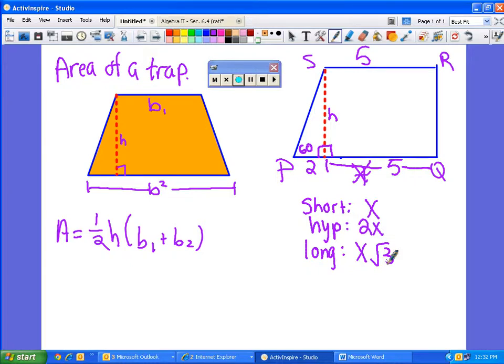Yes, Carl. Are they always going to ask us for the height, or are we going to have to find the base? Possible. I don't know what could be asked.